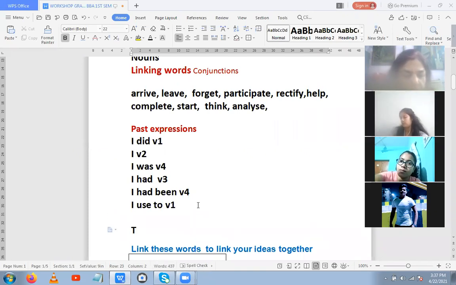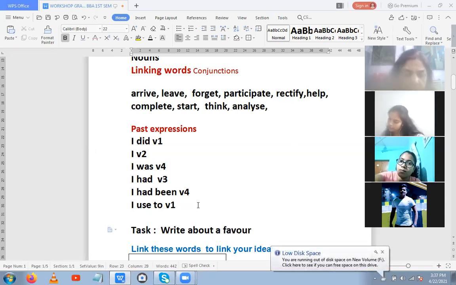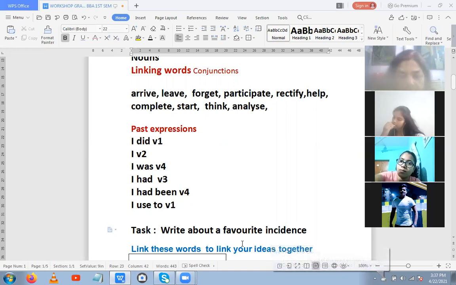You got the task, I'm putting it down. Write about a memorable incident, something which you cannot forget, something which is memorable.